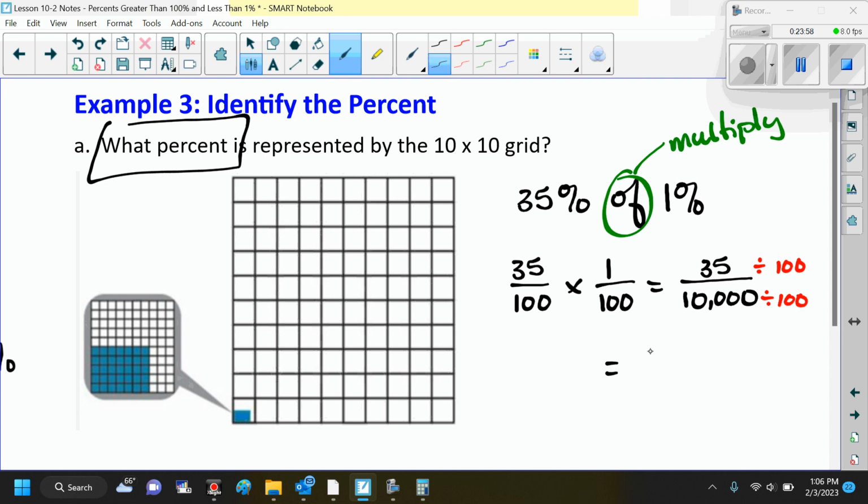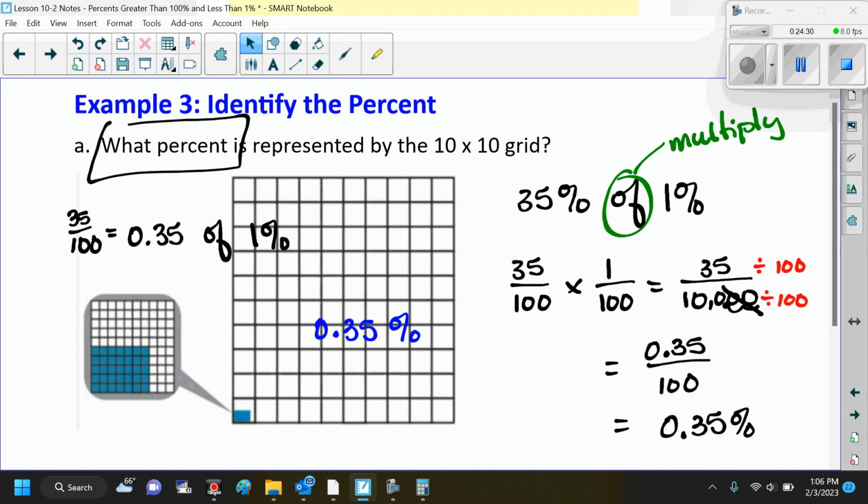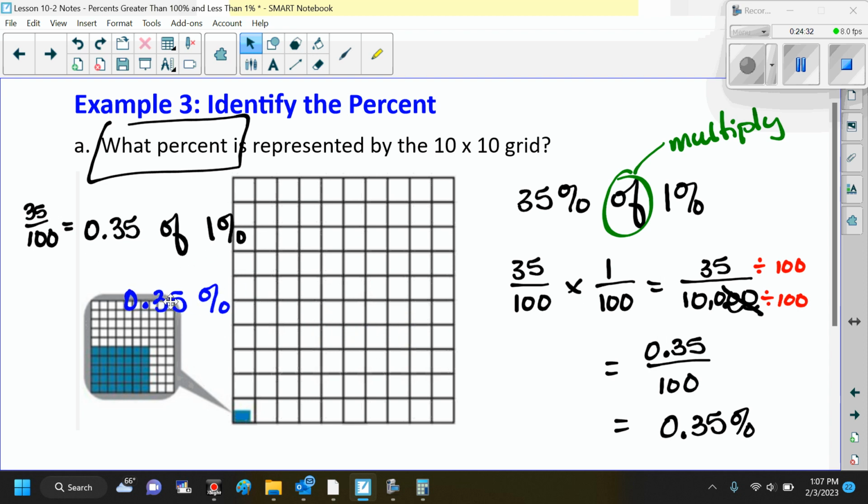That gives me 0.35 over 100. See, that moves the decimal 2 places to the left. So now the calculation of this picture is 35 hundredths per 100, which means 35 hundredths percent. And that is what we got when we calculated it originally in class. The 35 hundredths percent.